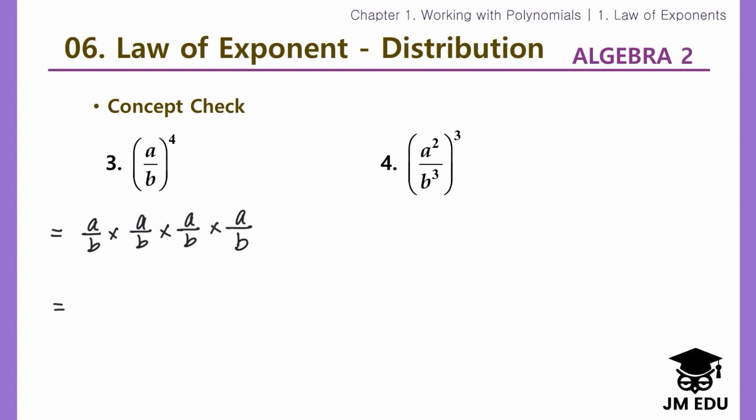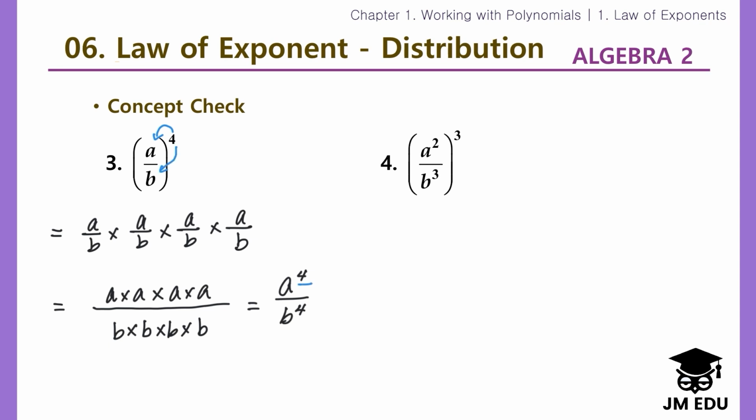So that's going to be, we have 4 A's in our numerator, so A times A times A times A, and 4 B's in the denominator, right? So that's going to be A to the power of 4 over B to the power of 4. So what we can do is just apply the distributive property. 4 times 1, 4. 4 times 1, 4.